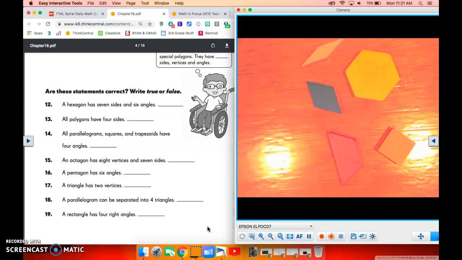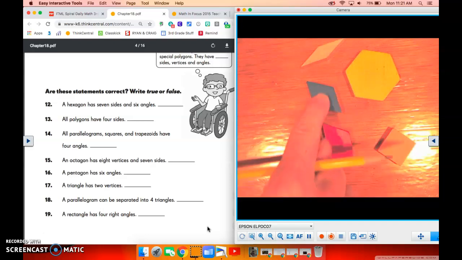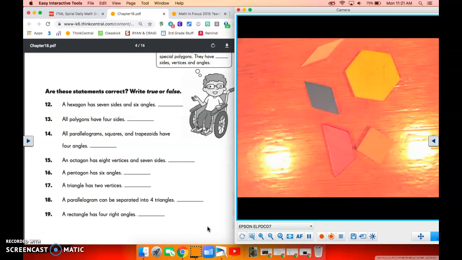14. All parallelograms, squares, and trapezoids have 4 angles. That is true. 4 angles, 4 angles, 4 angles. Okay? 15. An octagon has 8 vertices and 7 sides. Wrong. 8 vertices and 8 sides. 16. A pentagon has 6 angles.